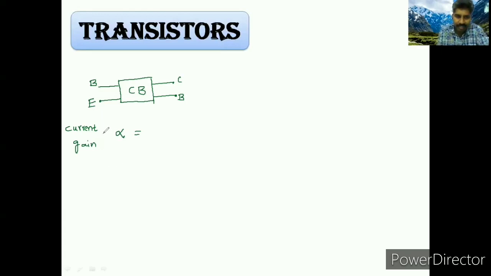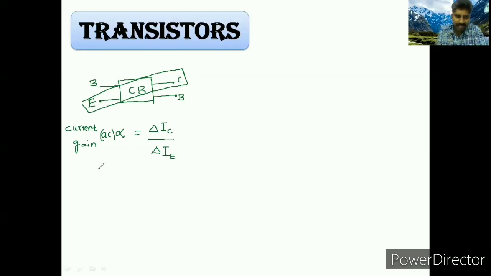In the case of AC, now how to write the formula: you can take this part, this one, C and E. Change in the collector current by change in the emitter current.